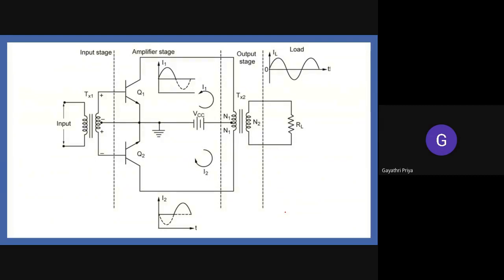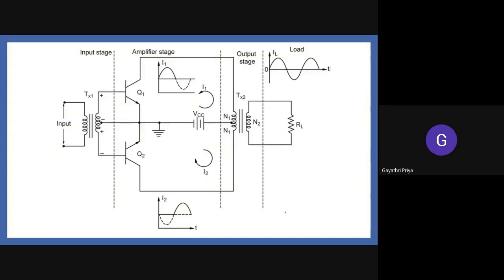But there we used a step-down transformer. The windings do not remain the same in the case of a direct coupled Class A power amplifier. Clear?